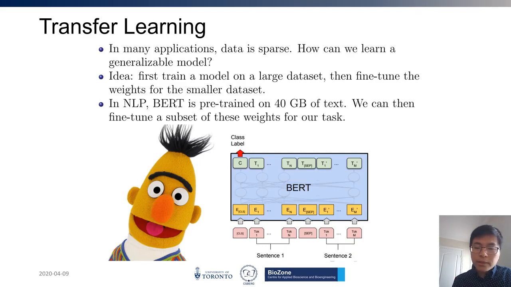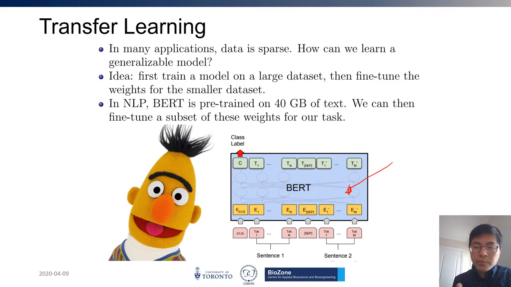One example in natural language processing is BERT, which is a pre-trained model that you can find on the Hugging Face website. Essentially, it's pre-trained on 40 gigabytes of text. And so all of these weights are provided to you. You use those weights as the initialization weights for your model.